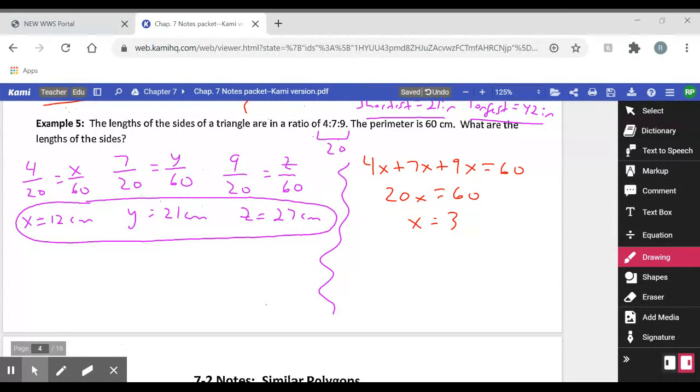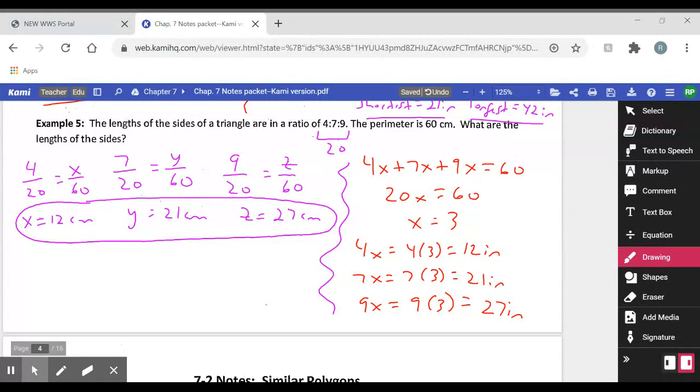And once I know what that is, I know that 4x is 4 times 3, which is 12. I know that 7x is equivalent to 7 times 3, which is 21. And 9x is equivalent to 9 times 3, which is 27.